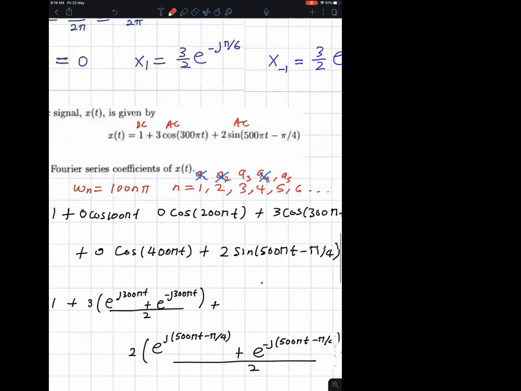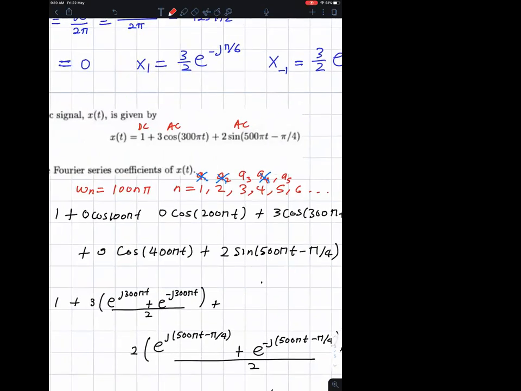When n equals 3, you're going to get what? 300 pi, right? So the subscript should be A3, isn't it? Yes, sir.